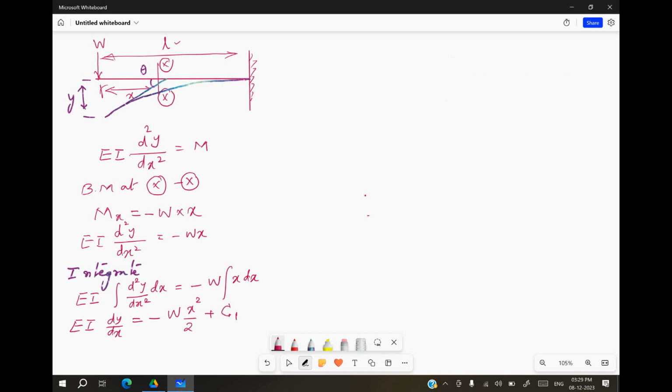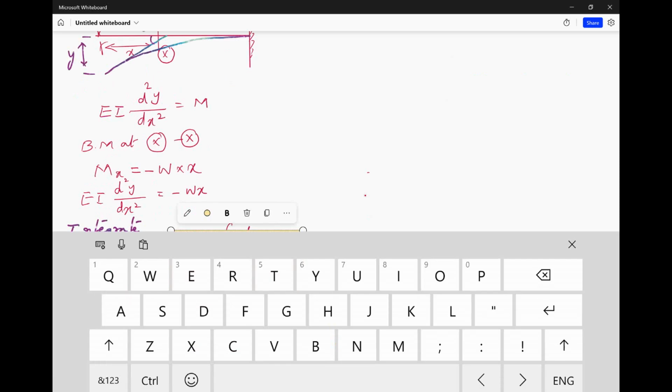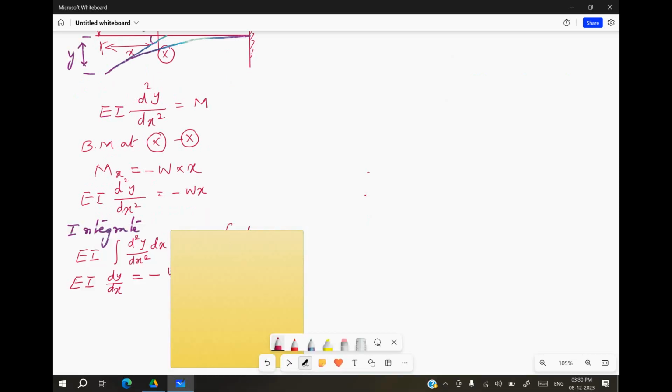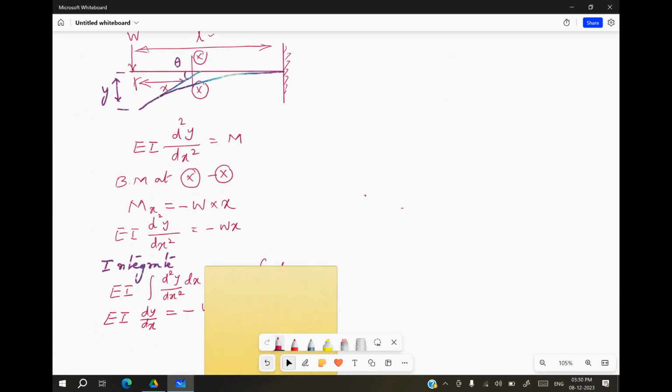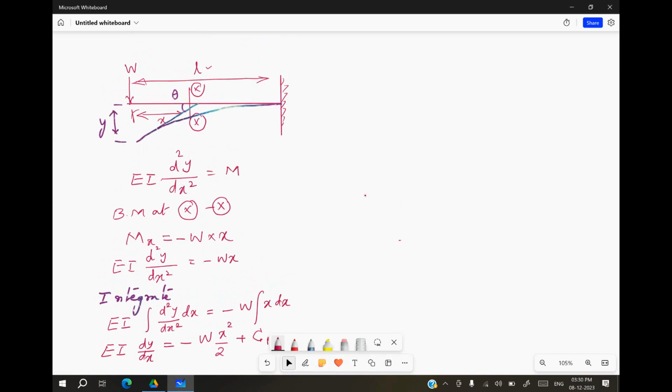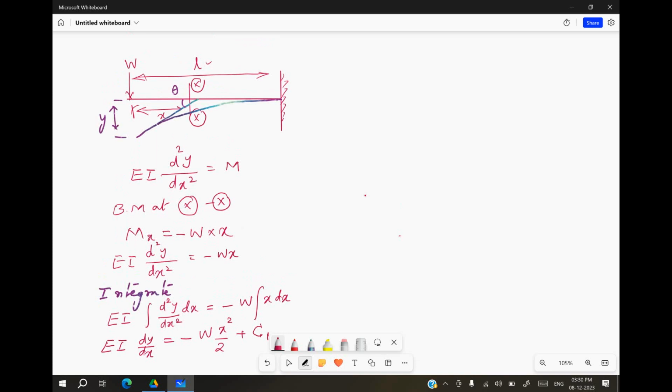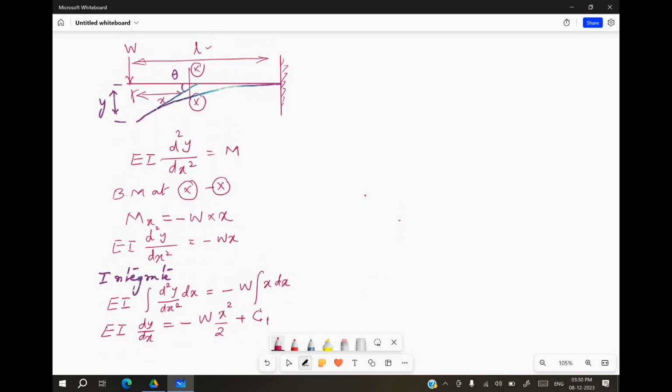The slope will become 0 at this point: dy/dx is equal to 0 when x is equal to L. Putting this condition, 0 is equal to minus WL²/2 plus C1. Therefore C1 is equal to WL²/2.